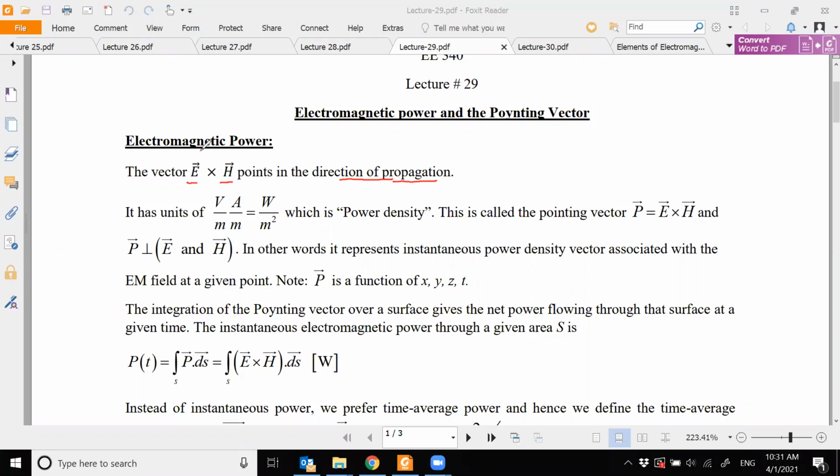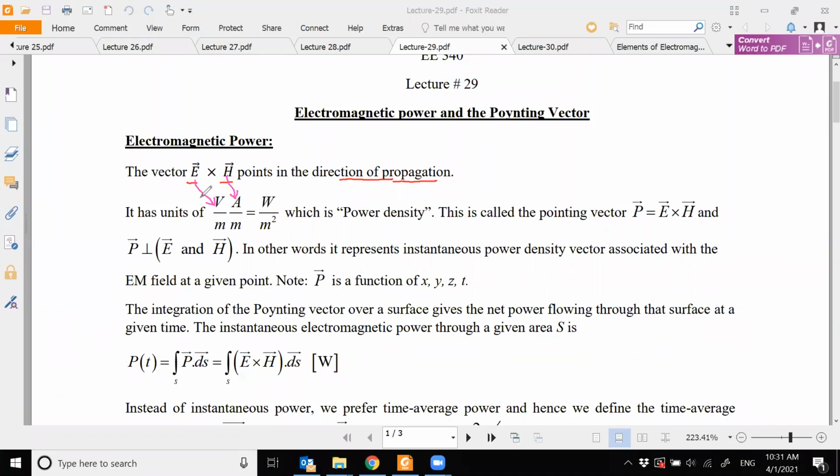Okay, and my electric field and magnetic field are coupled and going together. What is the unit of my electric field? It is volts per meter, right? And the unit of my magnetic field is amperes per meter.